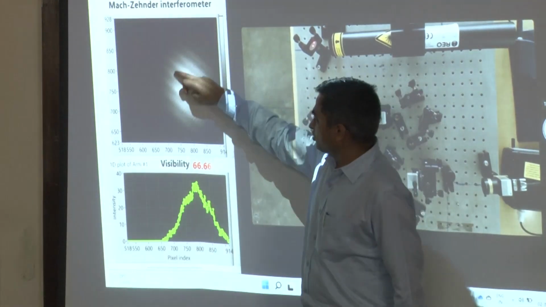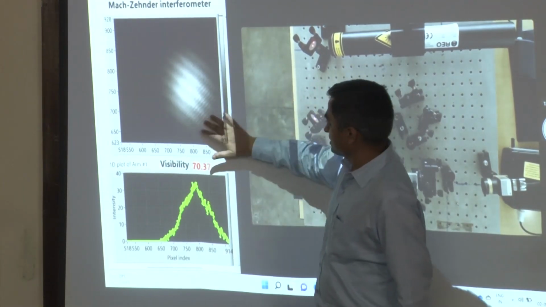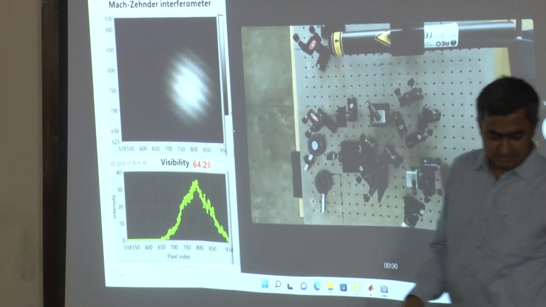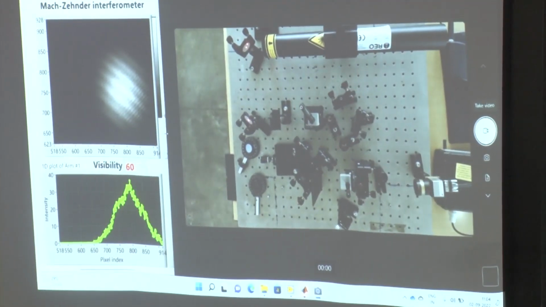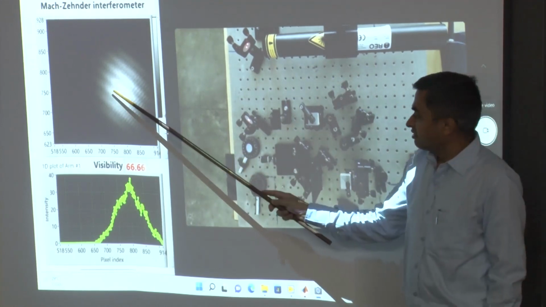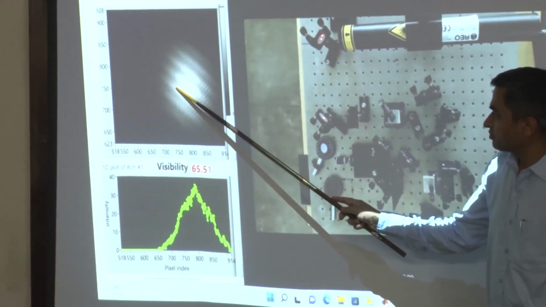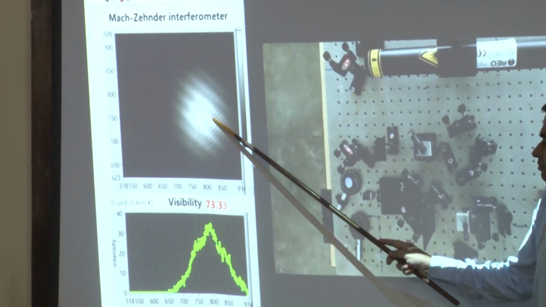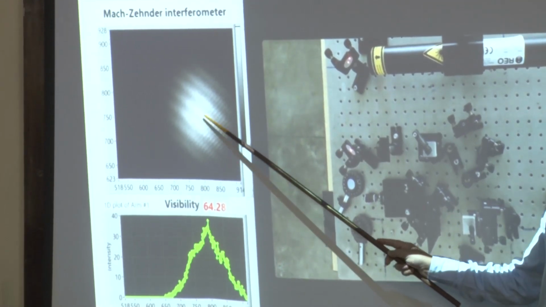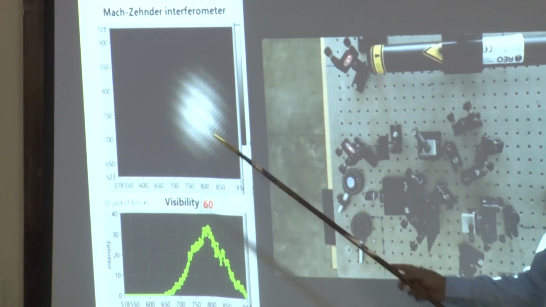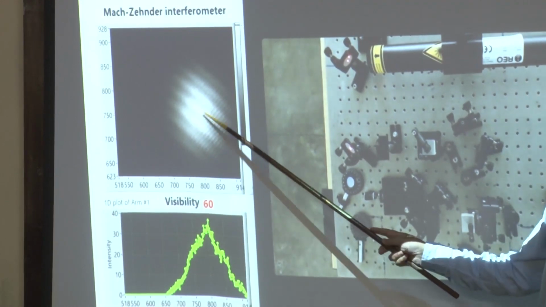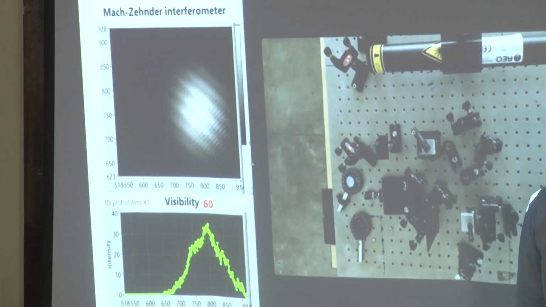So beam area means this is my beam, and whatever its size is, that is my beam size or beam area. But coherence means that if I take the field from this point and take the field from that point, will they interfere? And if they interfere, what will be the visibility? If the visibility is 100%, then I can say the field at this point and the field at that point are perfectly coherent.